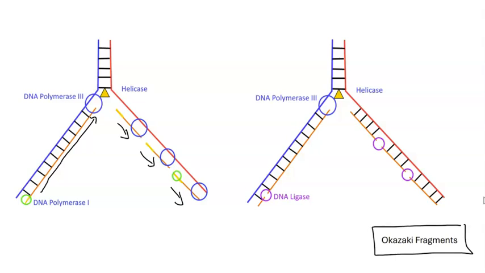What then happens is that we need to remove the primers, which, remember, are RNA nucleotides on the leading strand, and this is completed by DNA polymerase. The polymerase removes the RNA nucleotides and replaces them with DNA nucleotides. But then a second enzyme, DNA ligase, completes the sugar phosphate backbone in that one location just there on the leading strand.